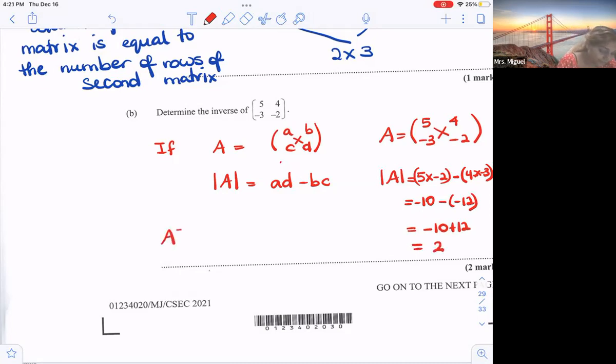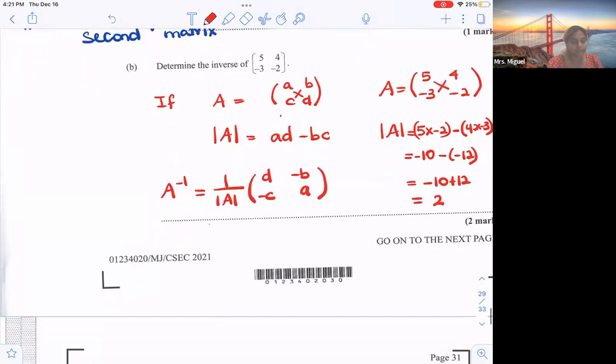The inverse now is 1 over the determinant, and you switch the places of d and a, and you take the negative of b and c. So using this, find A inverse. Switch the places of a and d and change the sign of b and c. So it's 1 over 2. You fill in what's supposed to be there.